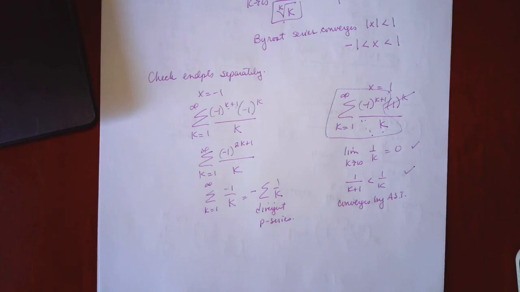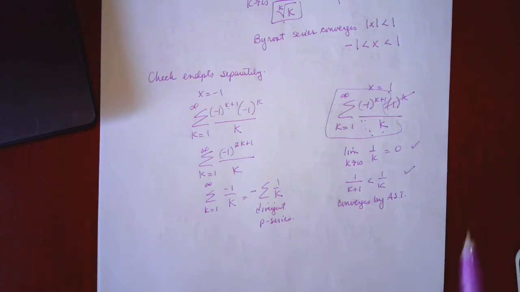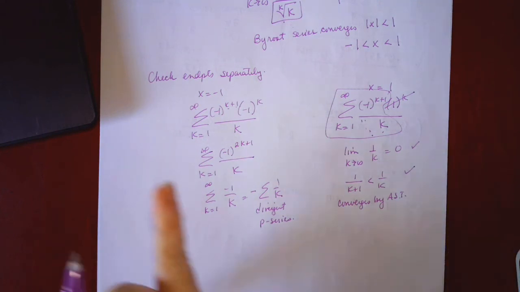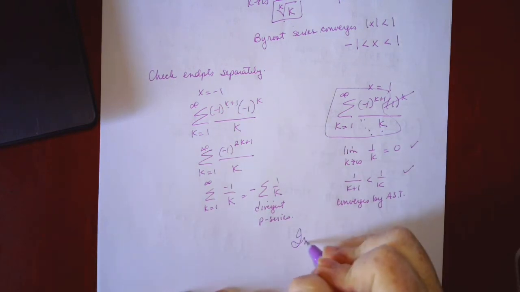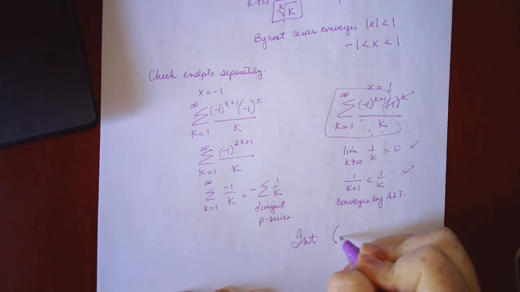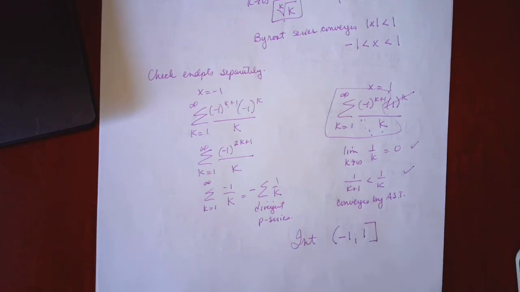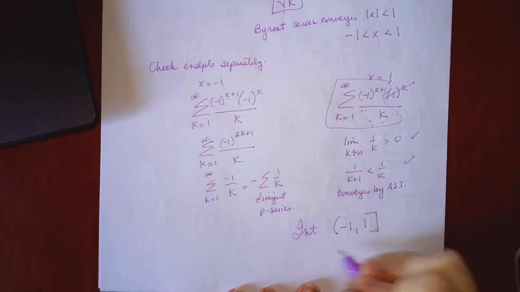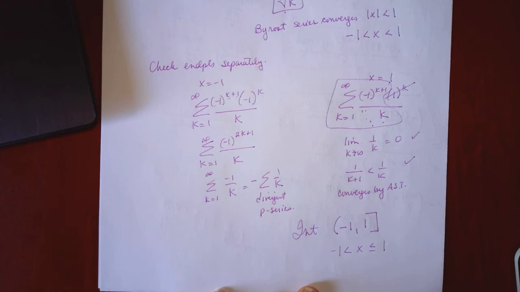So for this particular series, we converge for all the x's between -1 and 1. We converge at x equals +1, and we diverge at x equals -1. So the interval of convergence here would be from -1 to +1, excluding -1 and including +1. So we could also say it converges for -1 less than x, and x is less than or equal to +1.